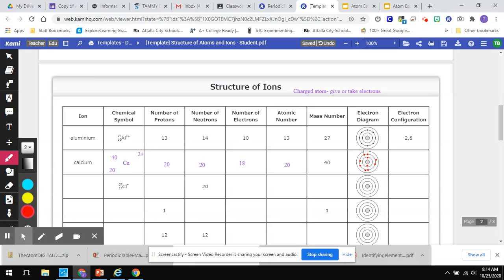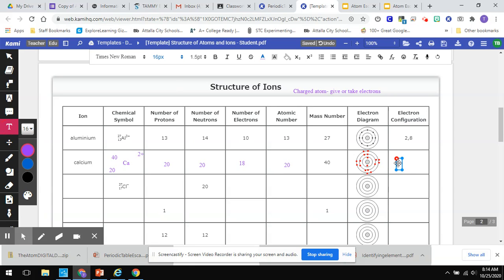And so I'm at 10, and my electron count is 18, so I need this orbital to be 8. So as I said, this is going to be full. And as an ion, they will always have a full outer valence because their goal was to get full by giving or taking electrons. So its electron configuration will be 2, 8, 8.